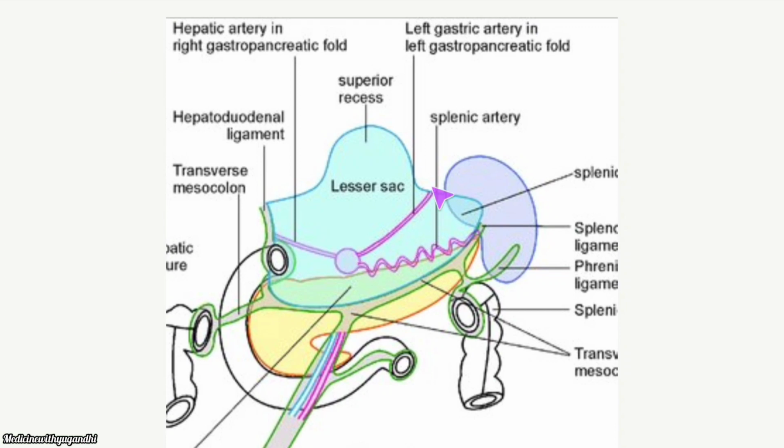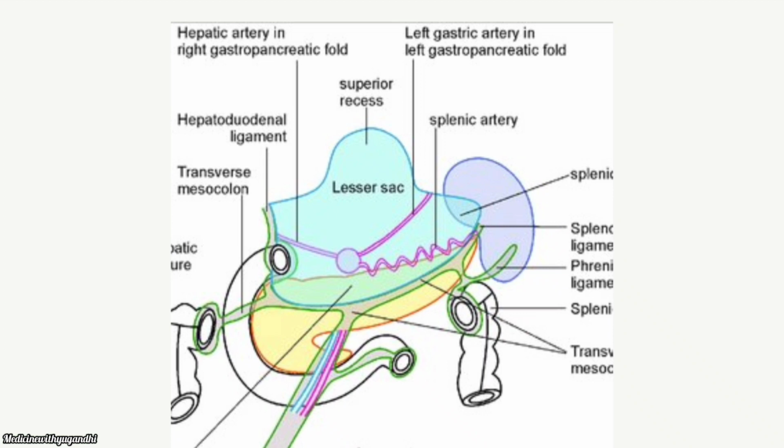These two folds, the right gastropancreatic fold and the left gastropancreatic fold, divide the lesser sac into the superior recess and inferior recess. So this is the line. Above this is the superior recess of the lesser sac, and below that is the inferior recess of the lesser sac.